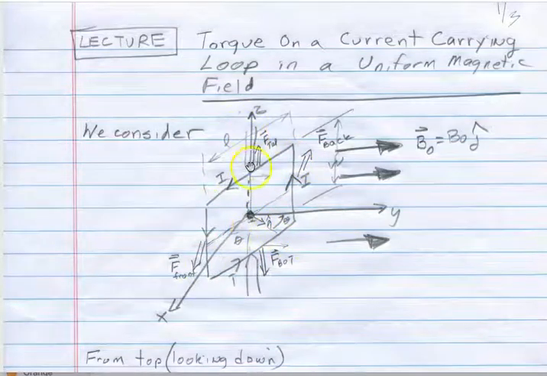Moreover, what I want to do is produce a situation where this rigid rectangular circuit, notice it has length L and width W, is free to rotate, but only about the z-axis. In effect, I've got a couple of posts here that will allow the circuit to rotate freely about the z-axis.